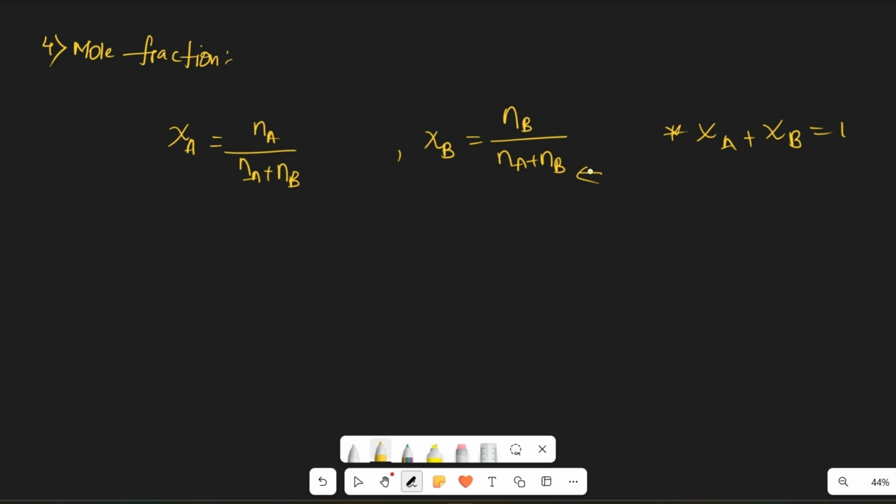And one more, let's discuss even more concentration terms, which is weight by weight percentage. This is simple. Here it is weight by weight, so on both sides it will be mass or weight.